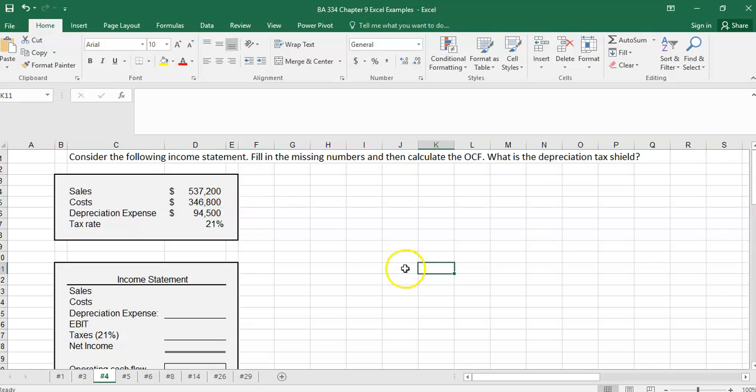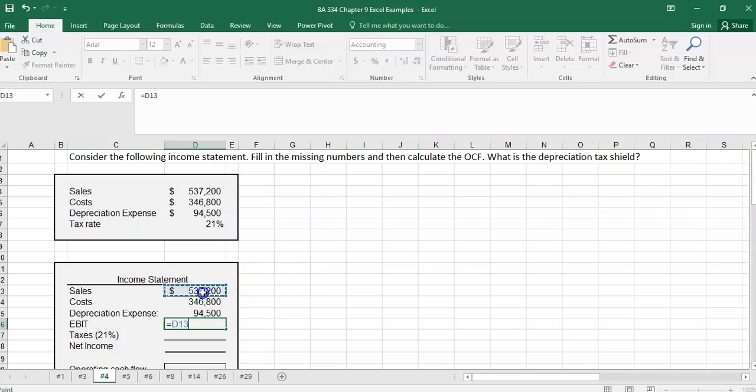In this example, we're going to calculate what our operating cash flow is from this project and our depreciation tax shield. So first we can build our projected income statement with our sales, costs, and depreciation expense. The earnings before interest and taxes is sales minus all of our costs.